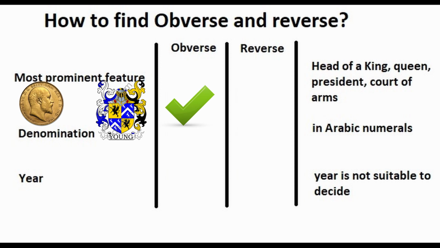If there is the denomination or the value of the coin, that side is usually the reverse. But as I showed you in the USSR coin, this is not always the case. What about the year? We cannot use the year to determine the side of the coin because the year can be on both sides of the coin.